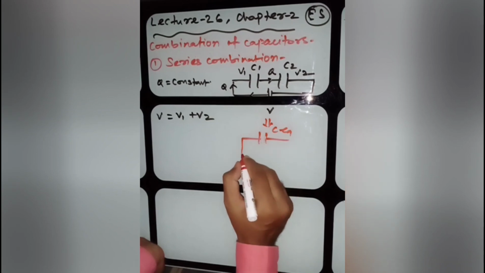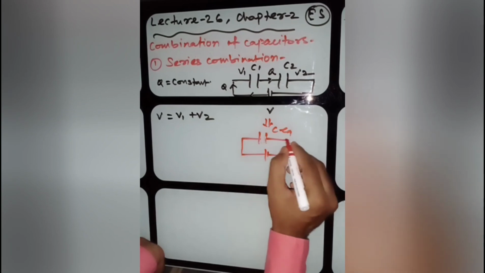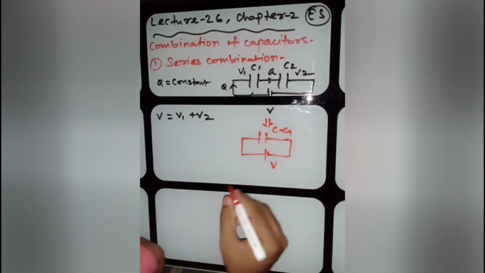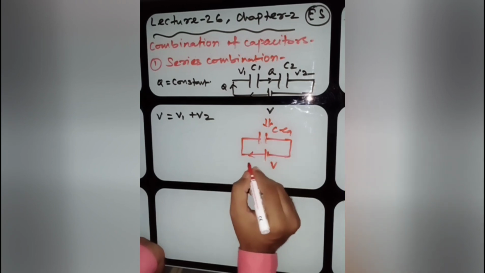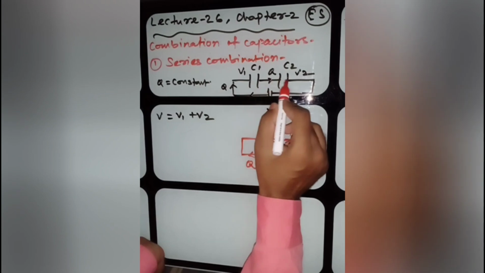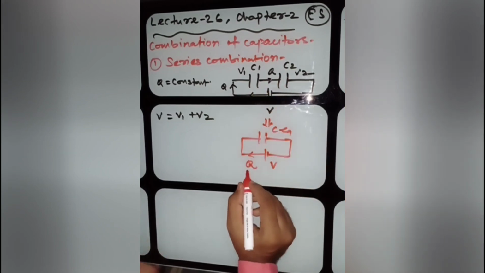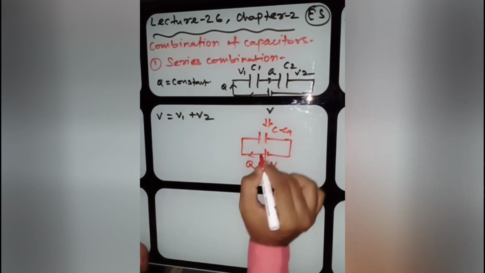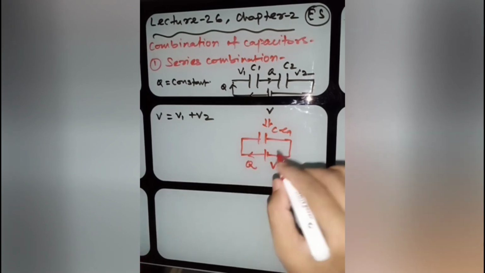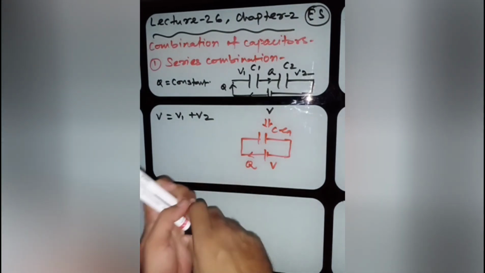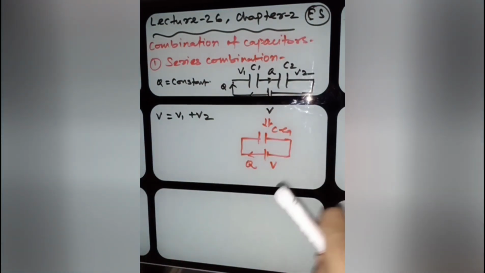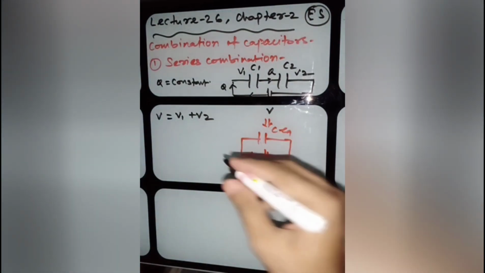This is also connected with the same battery of potential V. Now this single capacitor will draw the same charge drawn by the two capacitors, that is Q. One by one we will apply the formula Q equals CV for the three capacitors, and then we will have the derivation. This is the key point.